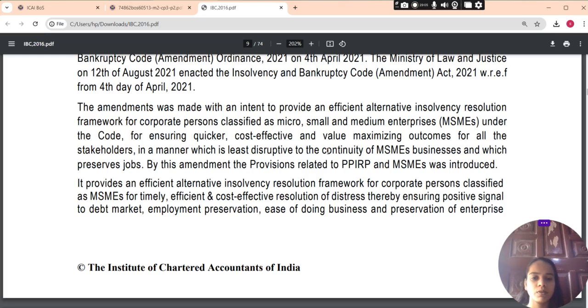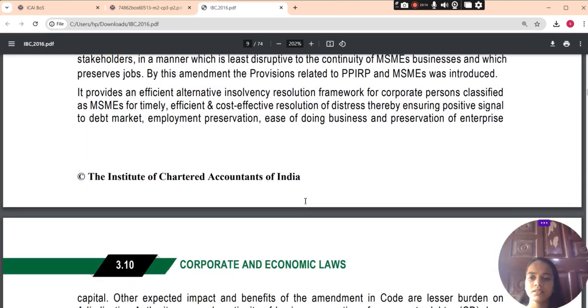By this amendment, the provisions related to pre-packaged insolvency resolution process, PIRP, and MSMEs were introduced. It provides an efficient alternative insolvency resolution framework for corporate persons classified as MSMEs for timely, efficient, and cost-effective resolution of distress, thereby ensuring a positive signal to the market, employment preservation, ease of doing business, and preservation of enterprise.